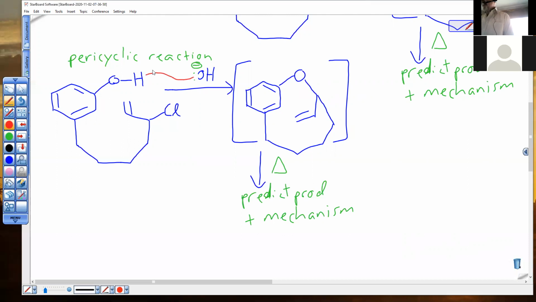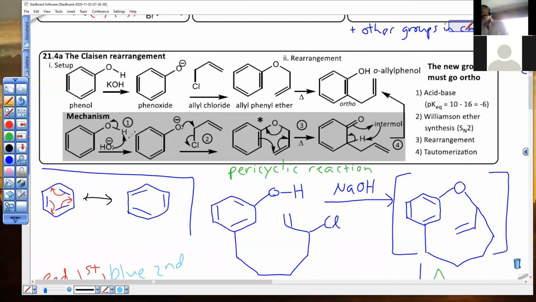Mechanism starts simple. Red first. Blue second. And let's look up top. Acid base is followed by an attack of the anion on the carbon with a halogen.